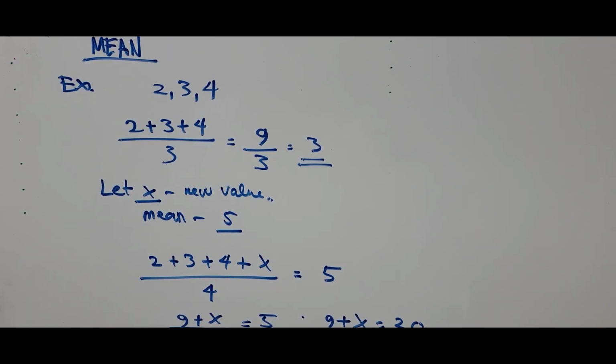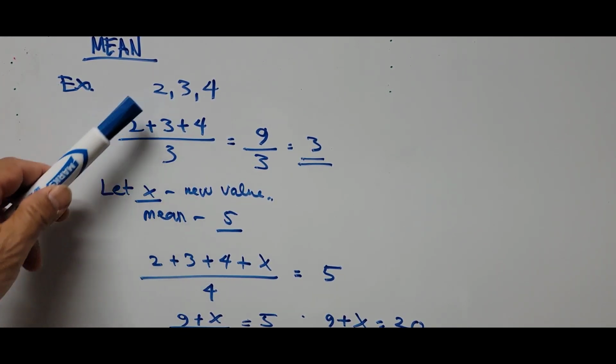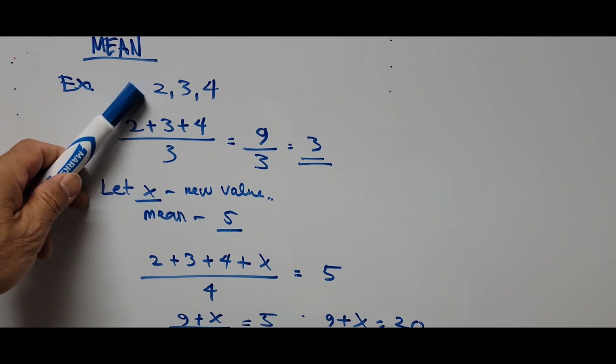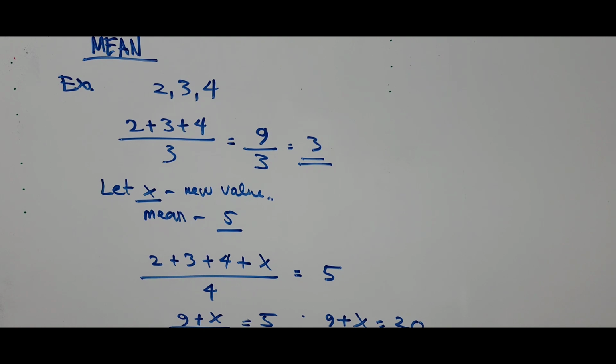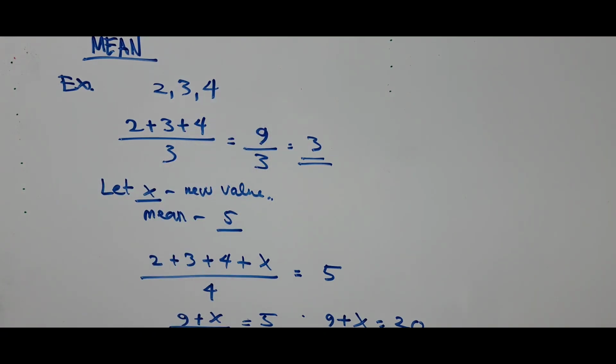We have another problem, adapting the same set of values, 2, 3, and 4. The new problem is: what if two other values are added to the set of values 2, 3, and 4, and one of them is 4 more than the other number? So two values are added, and one of the two values is 4 more than the other.